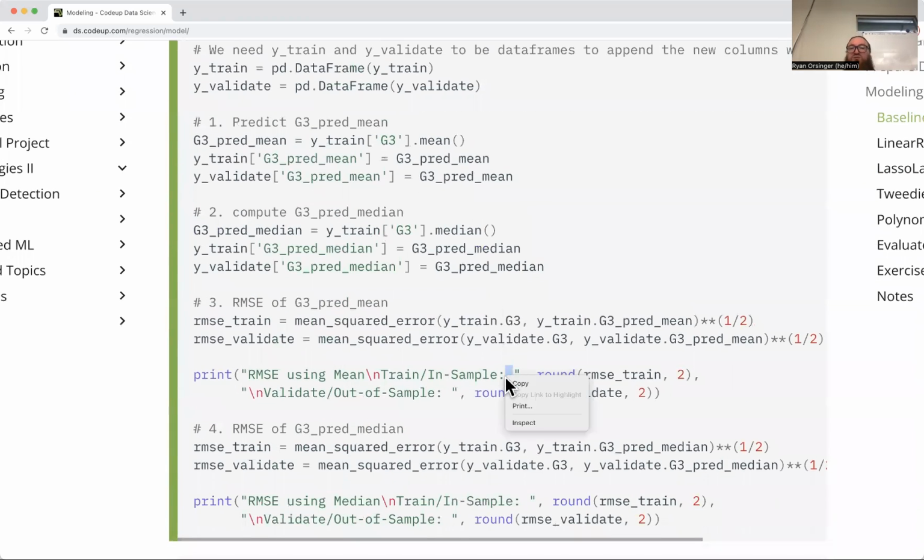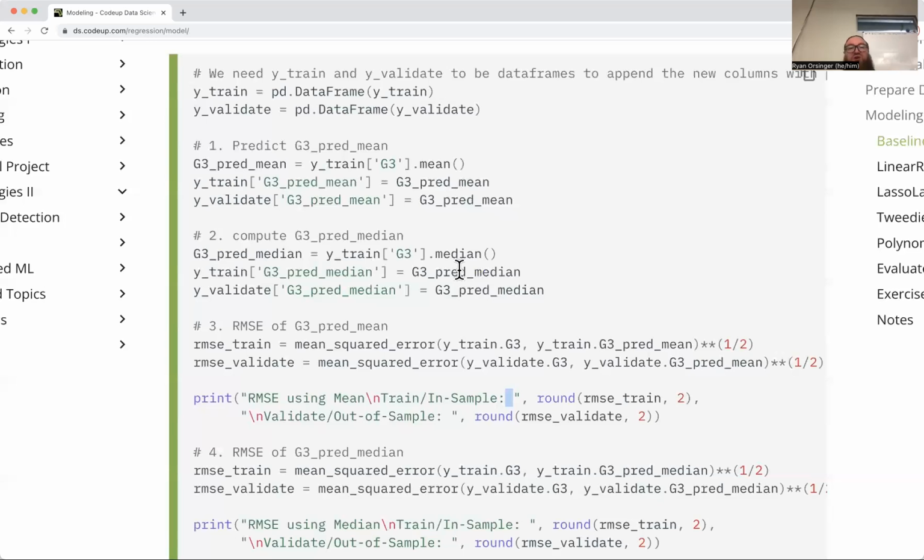So let's take a walk through this little garden of code together. We're going to create our y_train and our y_validate as our targets. And to produce our first baseline, we'll do G3 predicted mean. So that's y_train on G3 dot mean.